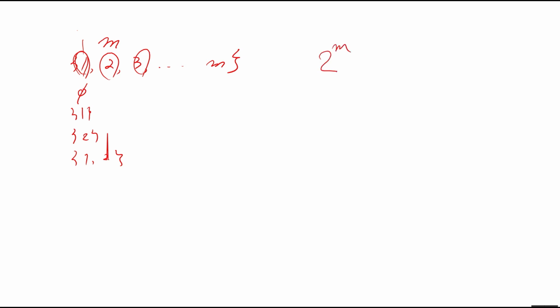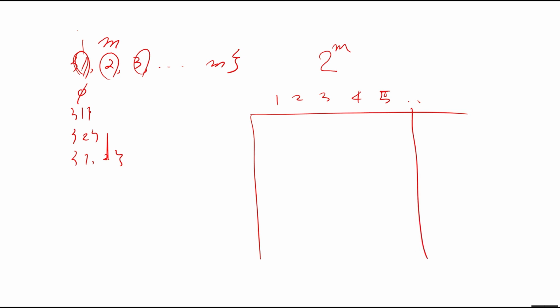Another way to view this is, suppose you look at this as a table. 1, 2, 3, 4, 5, up to, let's say, 5. Then there should be 32 subsets. You can count this as a membership. So 0, 0, 0, 0, 0 means none of the things are in the set.